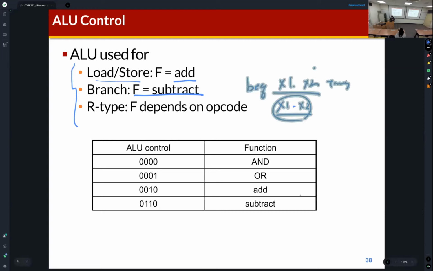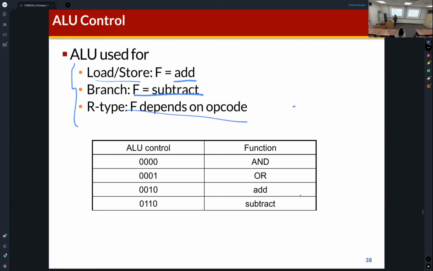And then for other arithmetic or logical instructions, ALU needs to support some different kinds of operations. So you can find the required operations by ALU for the different R-type instructions. ALU needs to perform AND, add, or subtract. In order to support the AND, add and sub instructions, these are the ALU control signals.